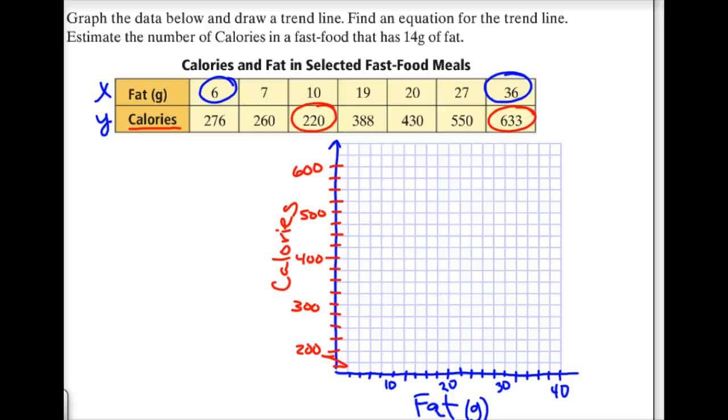So now I'm going to graph these points, 6 and 276. So 6 up 276. It's not going to be exact, but you can move that down a little bit.